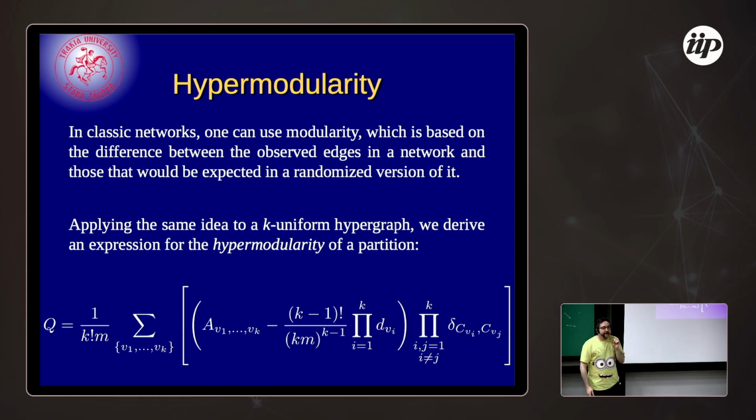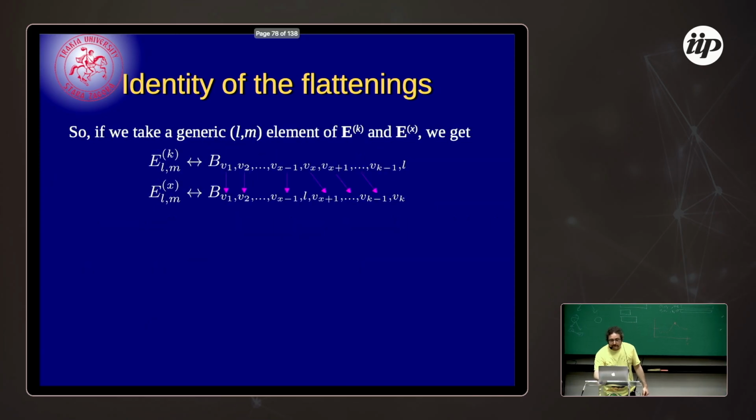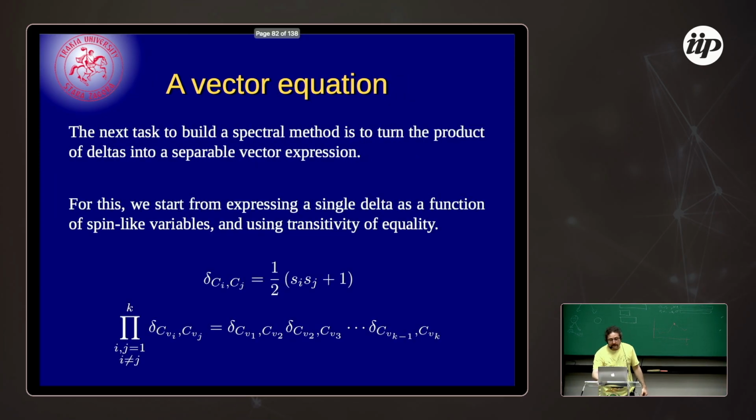That is the same as saying the sum here is not over all the combinations of k nodes, but over all the edges, and the size of the edges can change. You will still end up with something that is not guaranteed to have always the same functional shape, which means that you cannot do this whole thing that we did here.